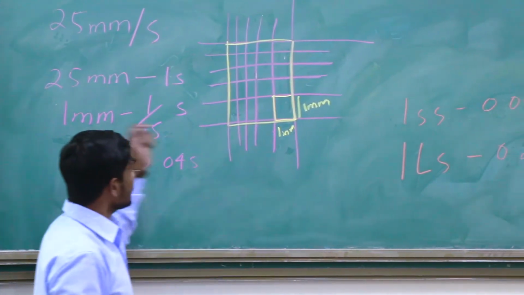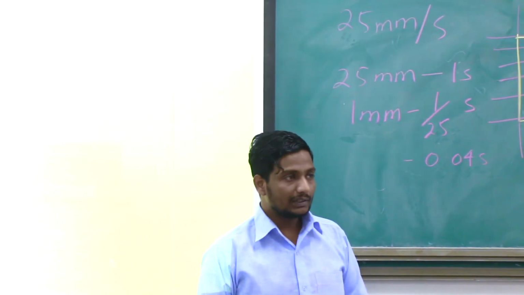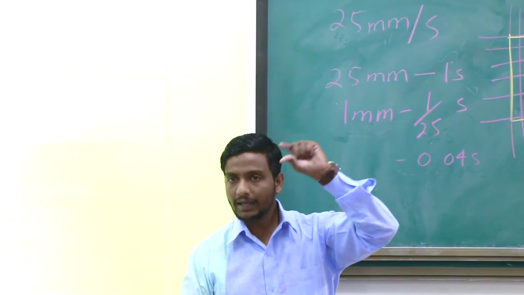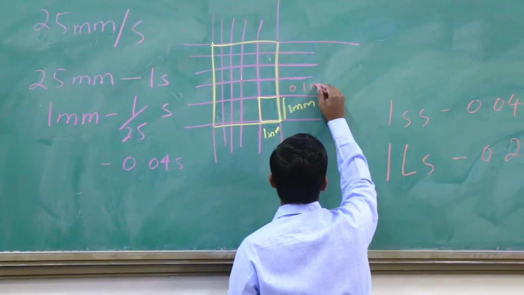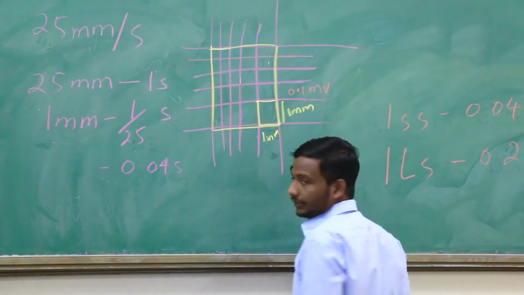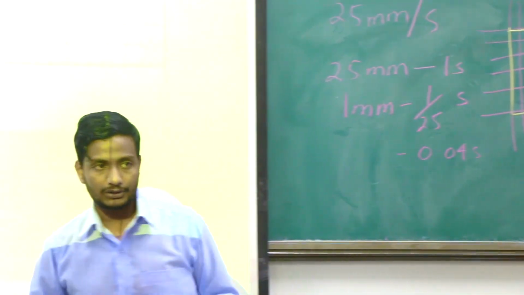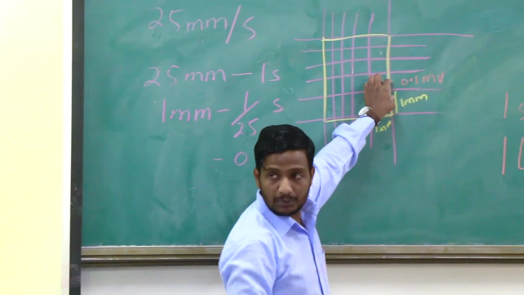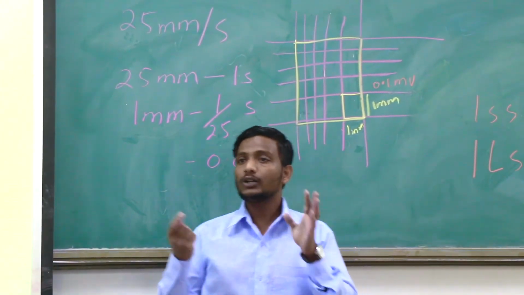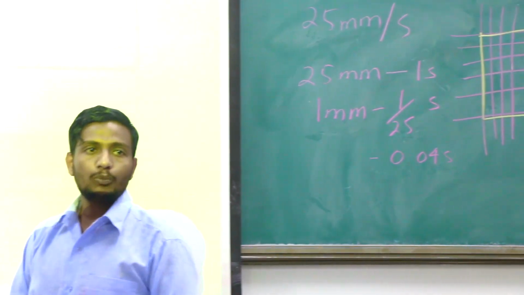And this ECG machine has been set in such a way that the height of 1 millimeter will be equal to 0.1 millivolt. So on the y-axis, if there is a height of 1 millimeter, it will be equal to 0.1 millivolt. It has already been set here.